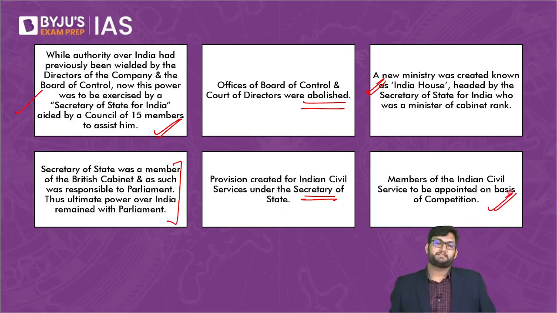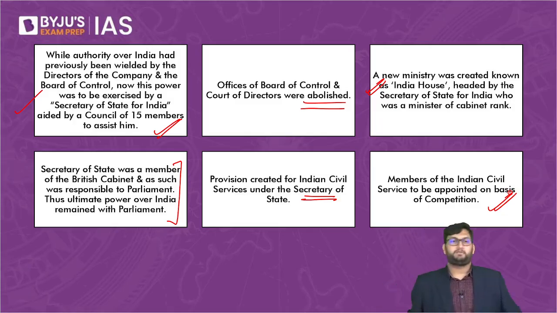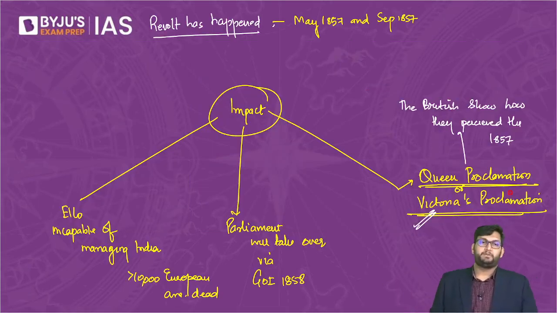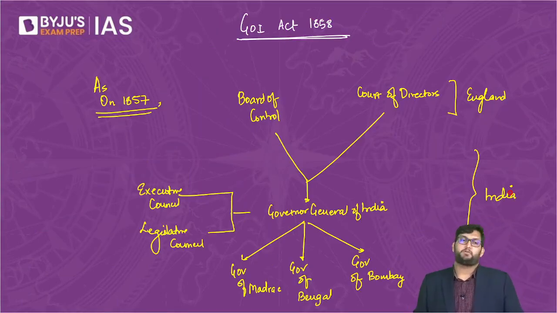Now the Indian civil services will be based on open competition, but that competition will now be sponsored by the Parliament. So the simple point of the matter is that we previously had this structure: Board of Control, Court of Directors, dual control in England. Then we had Governor General of India, Governor of Madras, Bengal, Bombay, and then India.